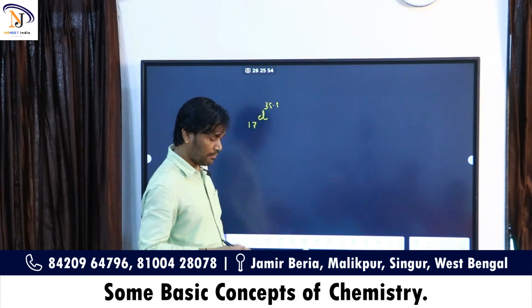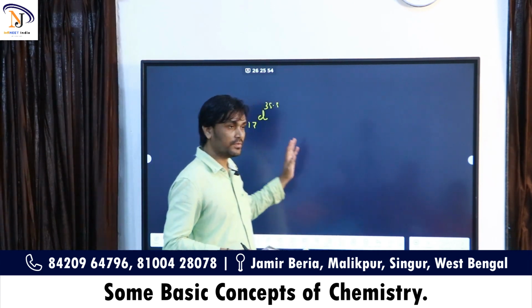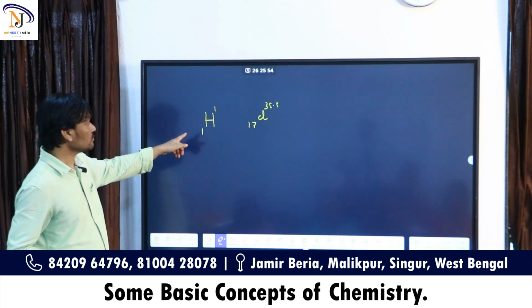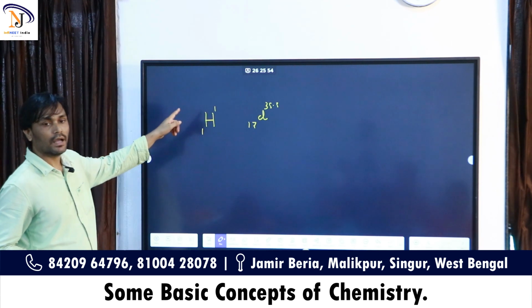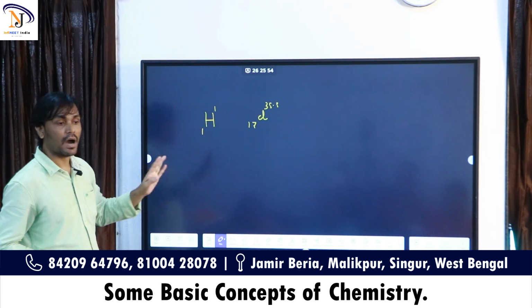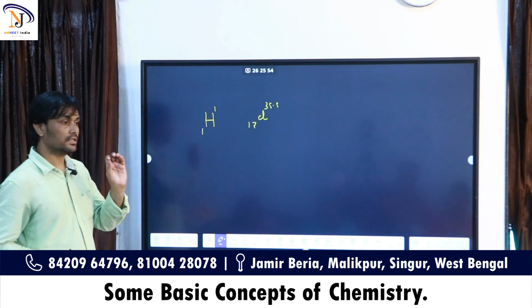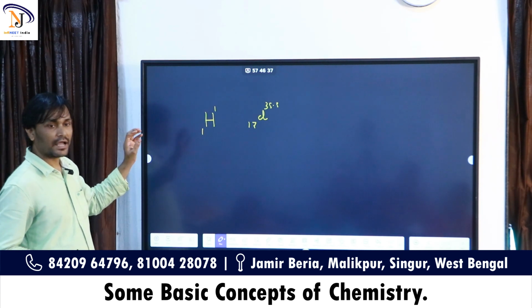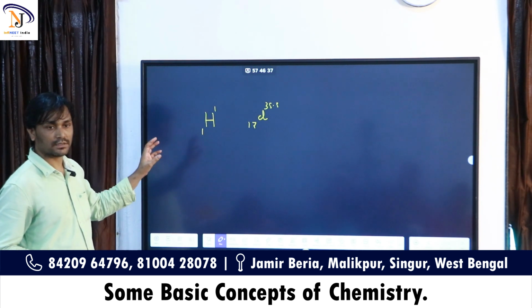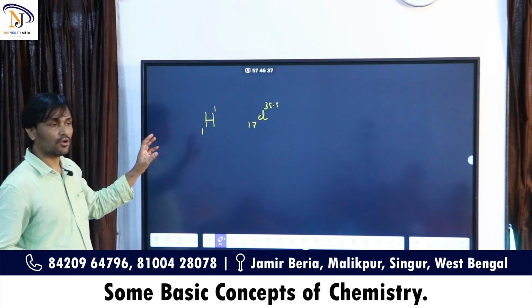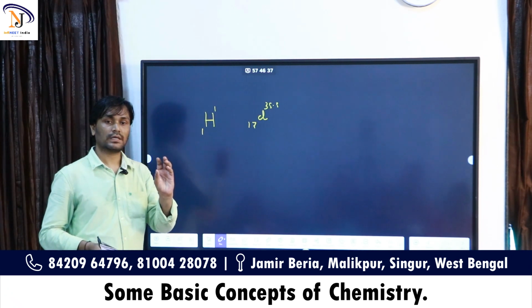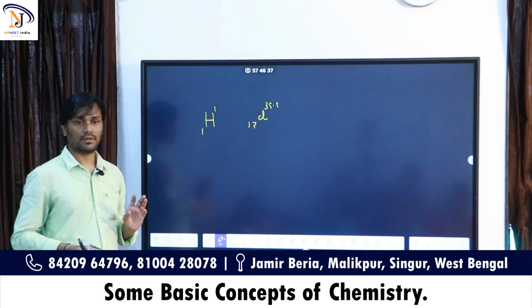What we have learned today is atomic number, mass number as well as atomic mass. These three things are expressed when we write the sign of any type of element. We have to express it in three terms.